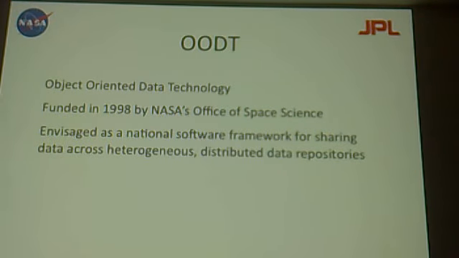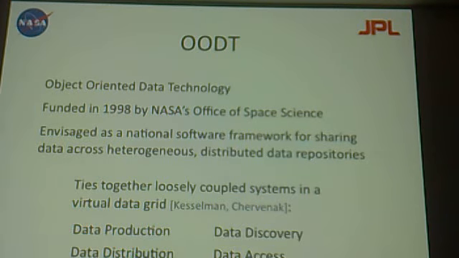And so, in 1998, that was a relatively revolutionary idea. Today, we have all sorts of examples of federated data grids, which is essentially what this was back then. And so, we focused on issues of data production, data distribution, and then data discovery and data access.